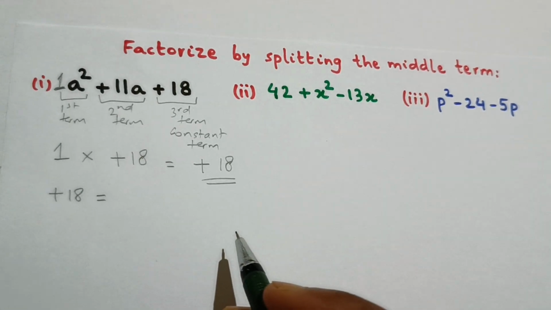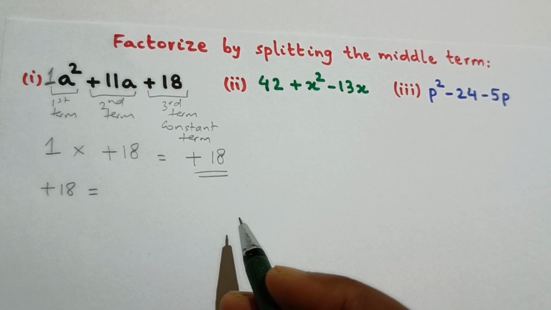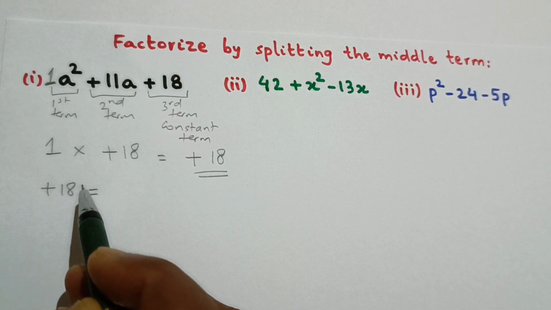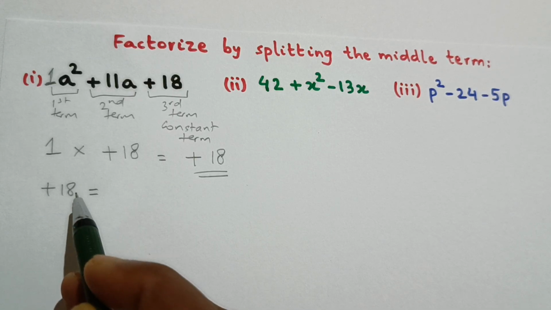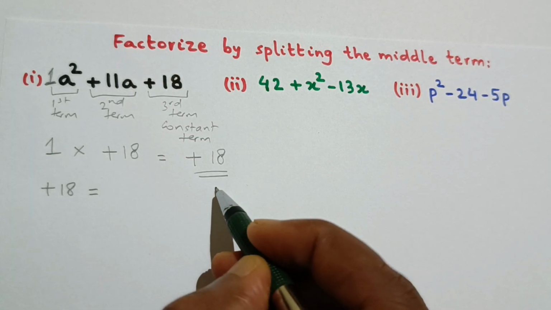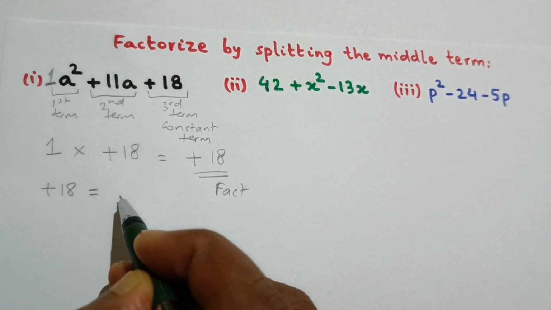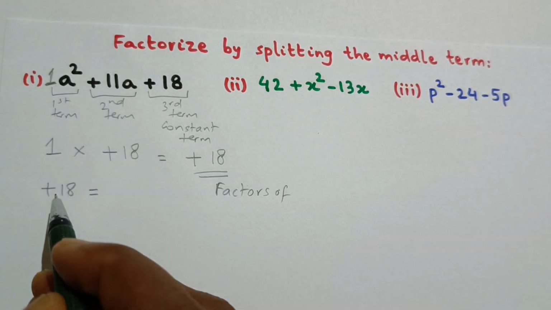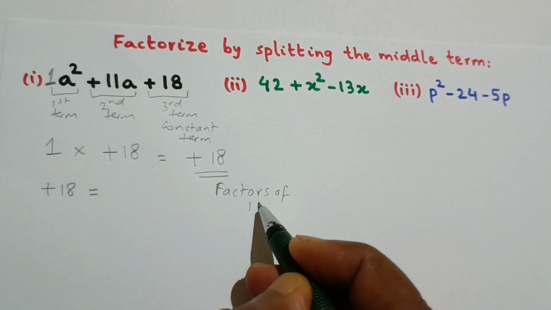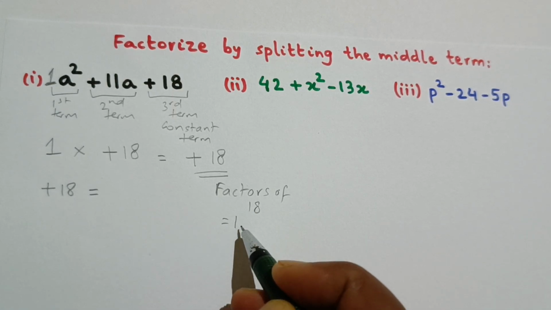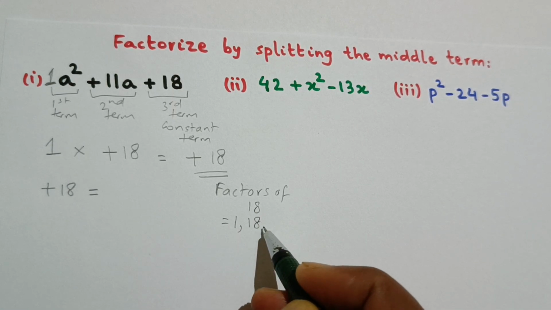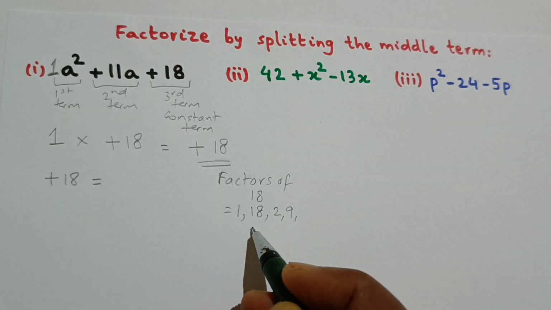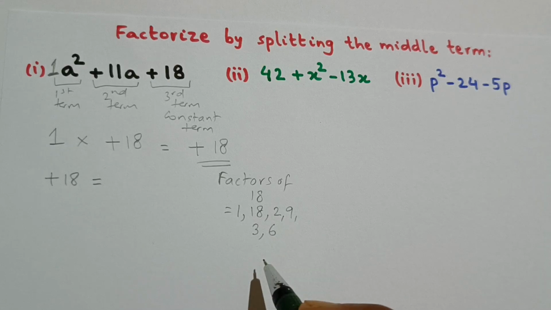For that, first I will write down all the factors of this number 18. That will help us to find the pairs. So what are the factors of 18? 1, 18, 2, 9, 3 and 6.